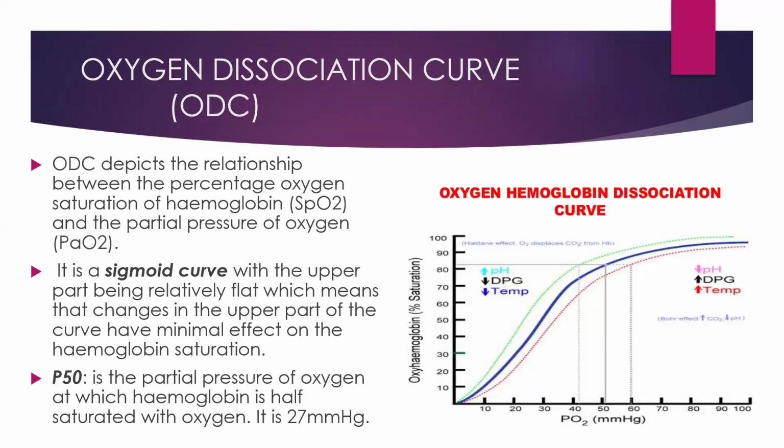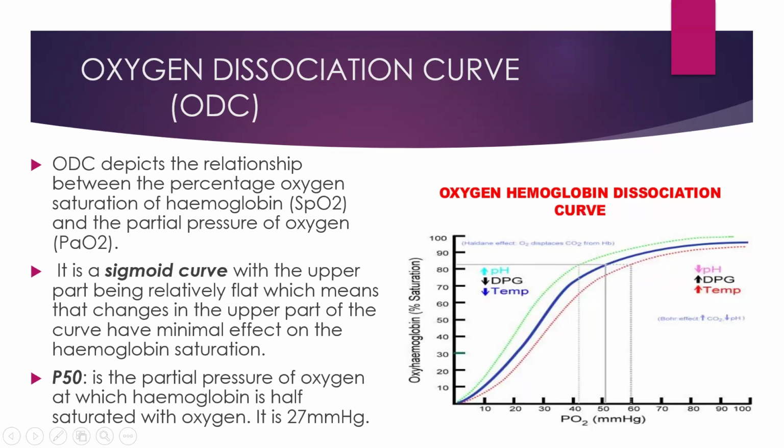The upper part of the curve is relatively flat and has clinical significance, which means that no matter how high you increase the PO2, the SpO2 will not increase significantly. If you go from maybe a PO2 of 70, SpO2 remains around 94, 95.